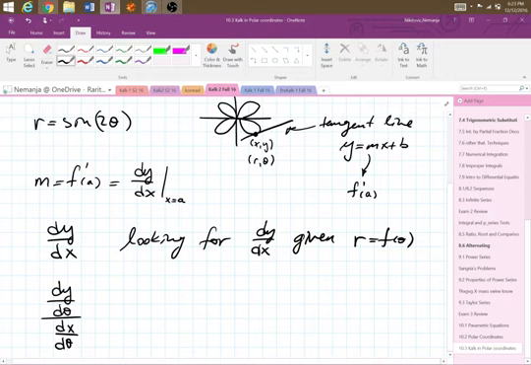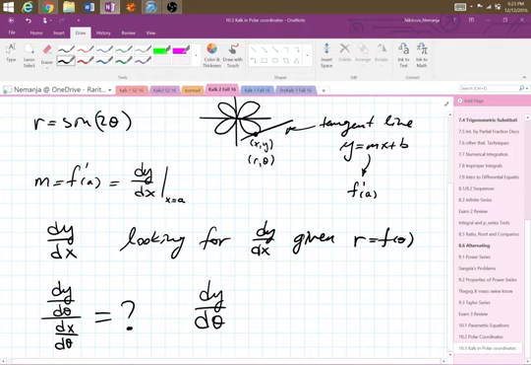Well, this one is going to be far more complicated because observe your conversion. So how do you get dy d theta? How do you get it? Well, you have to differentiate y in terms of theta.